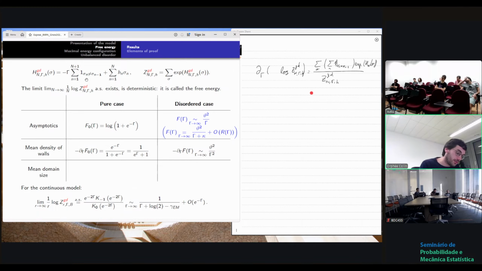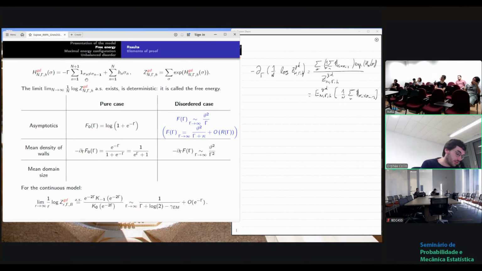This is nothing but the expectation under the Gibbs measure of the number of walls in the configuration. If I divide by n everywhere, with a minus factor, I get the expectation of the mean density of walls.